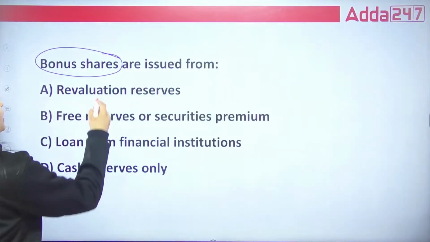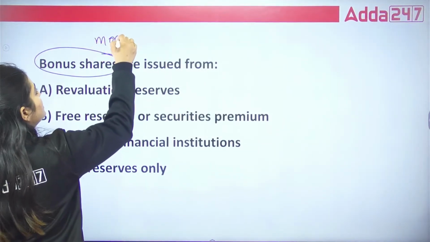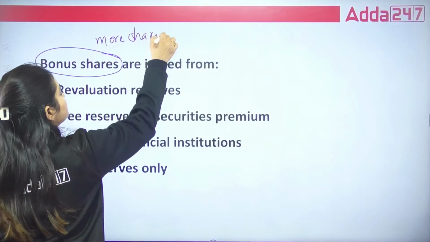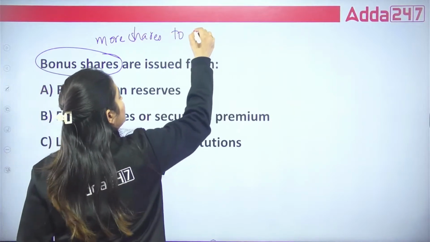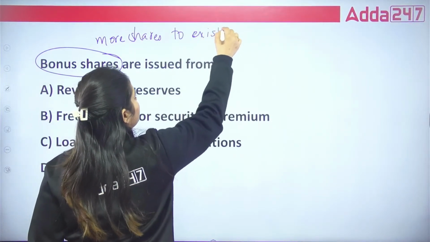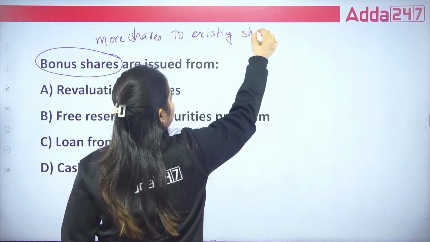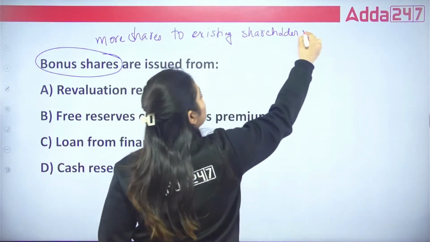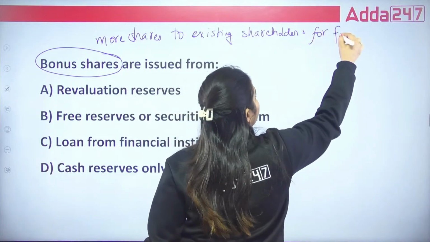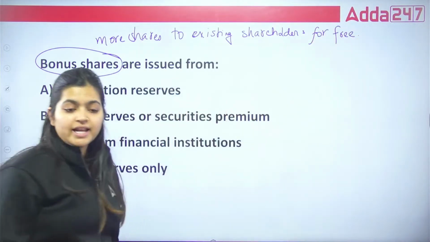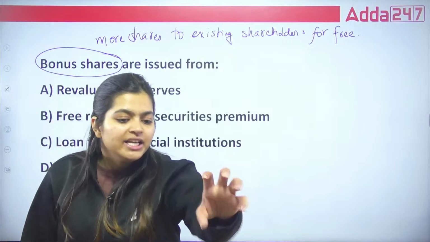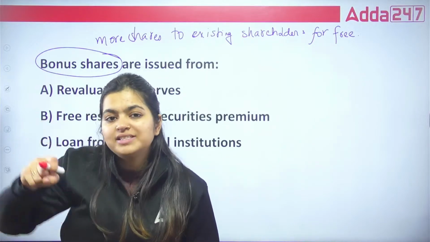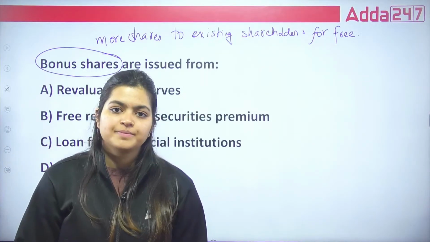You are issuing more shares to existing shareholders, but for free. Correct? Means you are giving additional shares without receiving any cash.